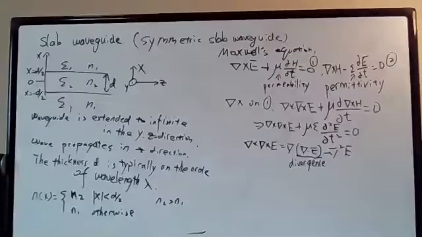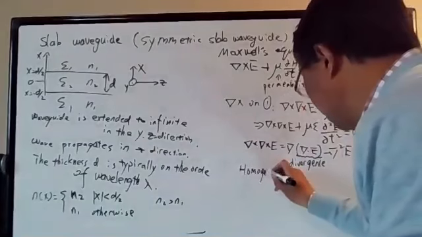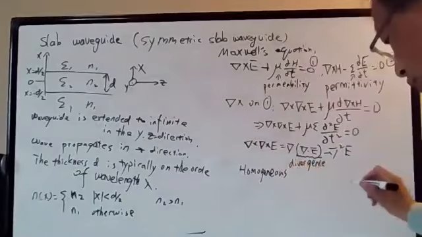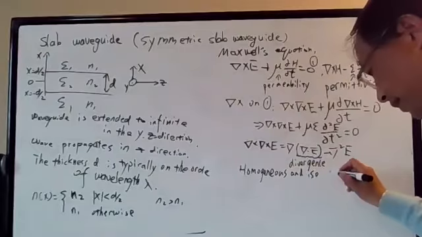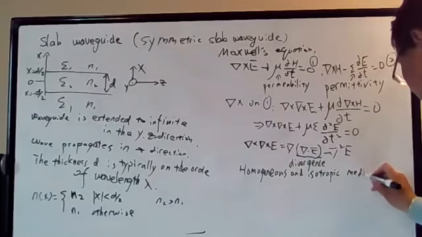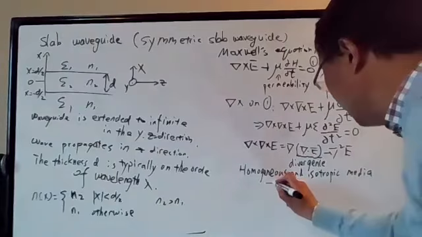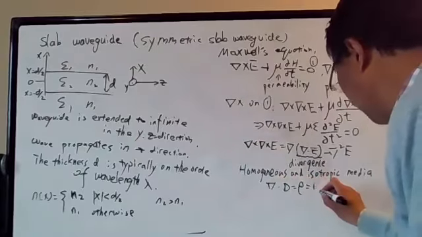Okay, so now we have a homogeneous and isotropic medium, and we know that the divergence of D equals rho equals 0.